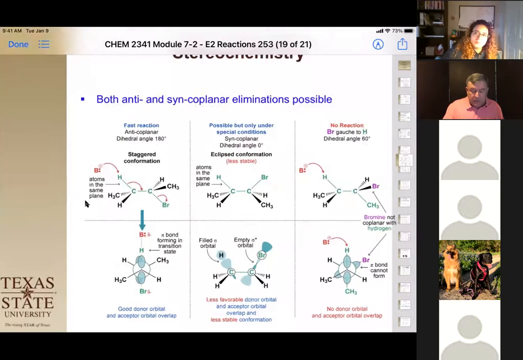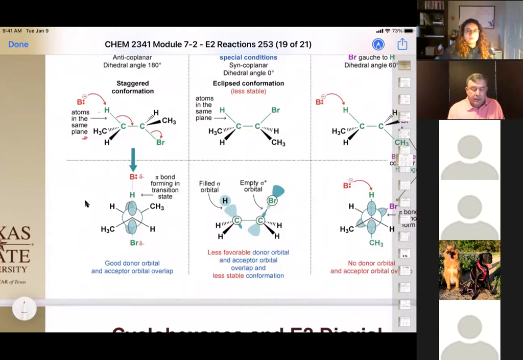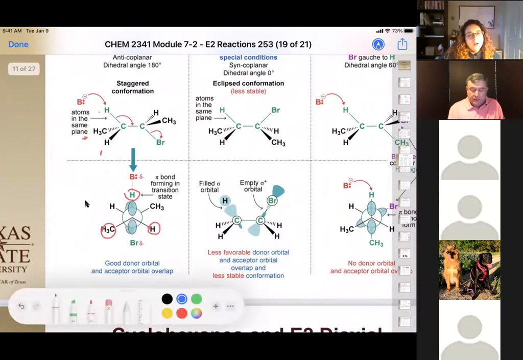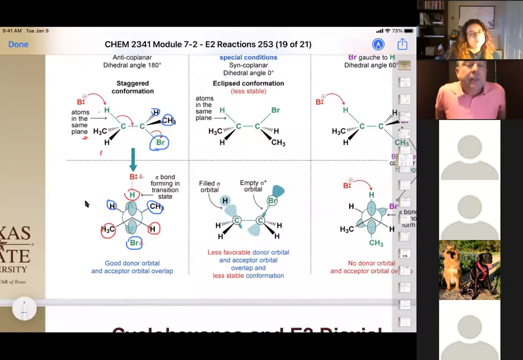In the case of this Newman projection, we have the hydrogen up, the methyl group back, and the hydrogen here. Looking at the other side, we have bromine down, a methyl group, and a hydrogen. In this configuration, this is a good, favorable position.